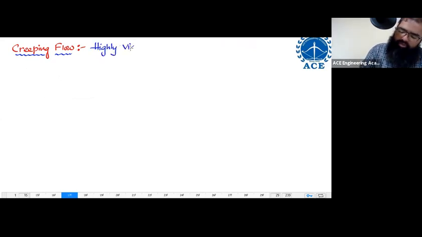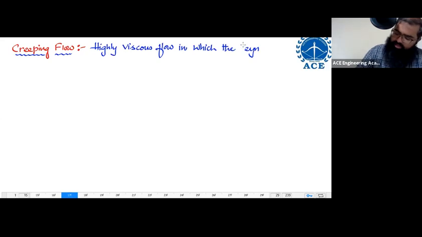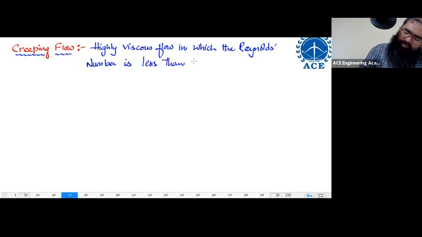A highly viscous flow in which the Reynolds number, R should be capital over here, is less than or equal to 1. That is known as creeping flow.